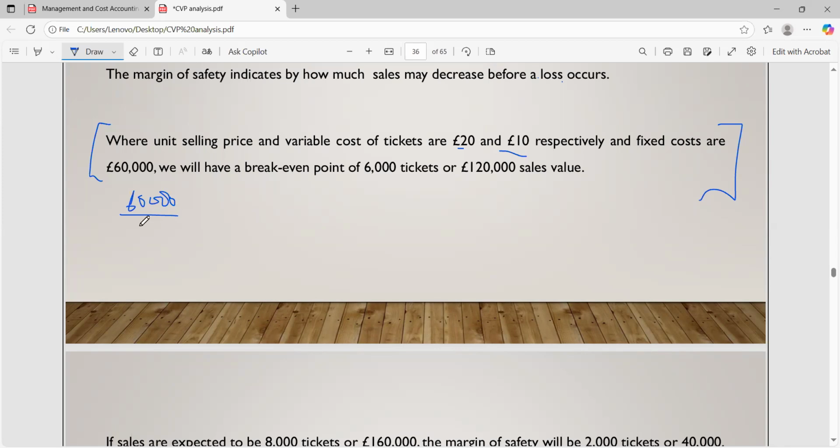Our contribution would have been 20 minus 10. Our break-even in terms of units would have been what? 6,000 units. Therefore, our break-even in terms of value would have been the 6,000 units multiplied by the selling price per unit, which is 20. Hence, we would have 120,000 pounds. That becomes the break-even.